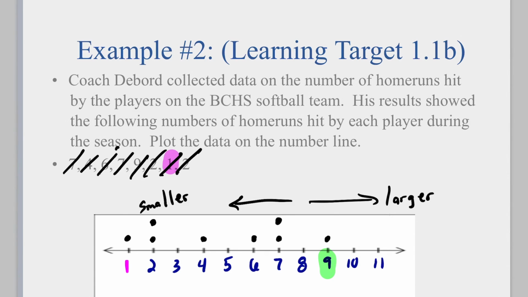So I've accounted for all my data. I can easily see how the data is laid out on the number line, and I have included the entire range of values on my number line. It's also neatly organized, and I can easily and quickly evaluate and analyze the data.